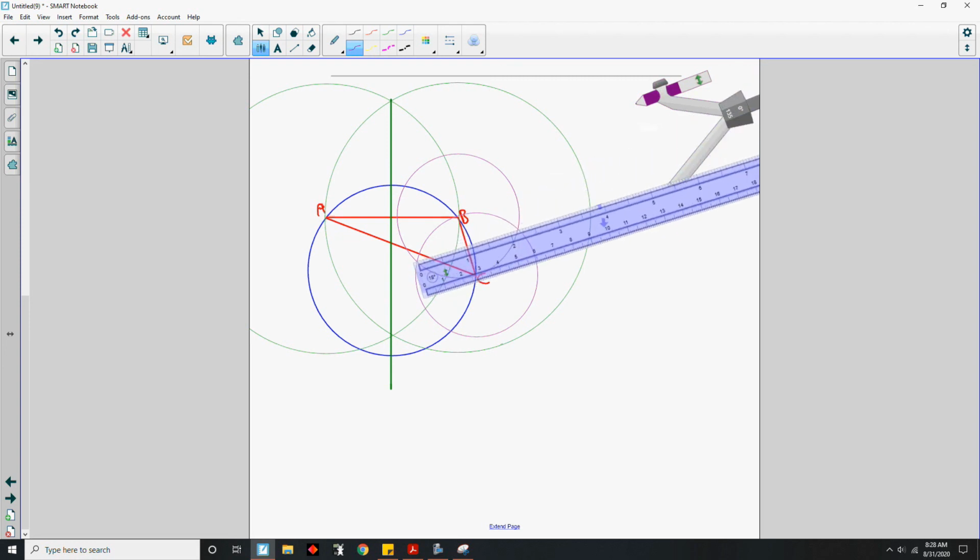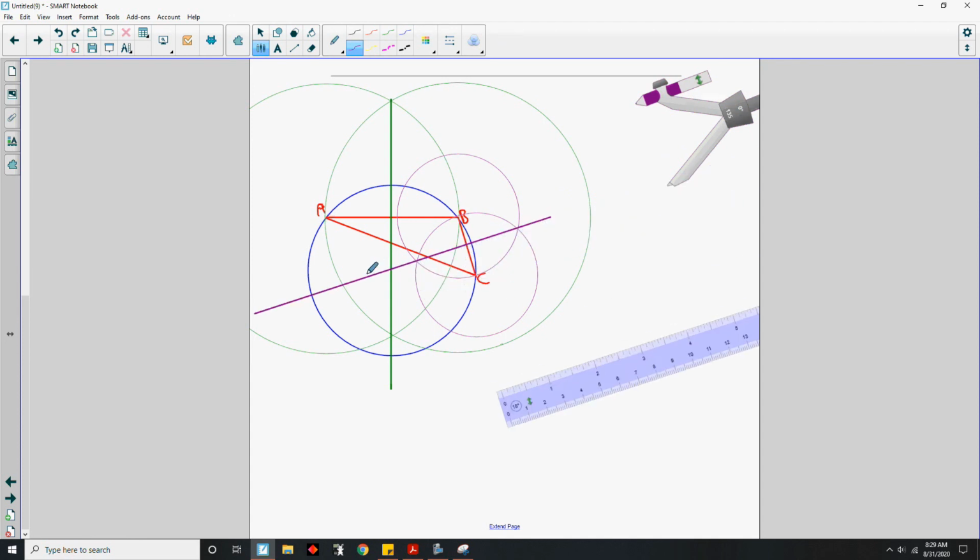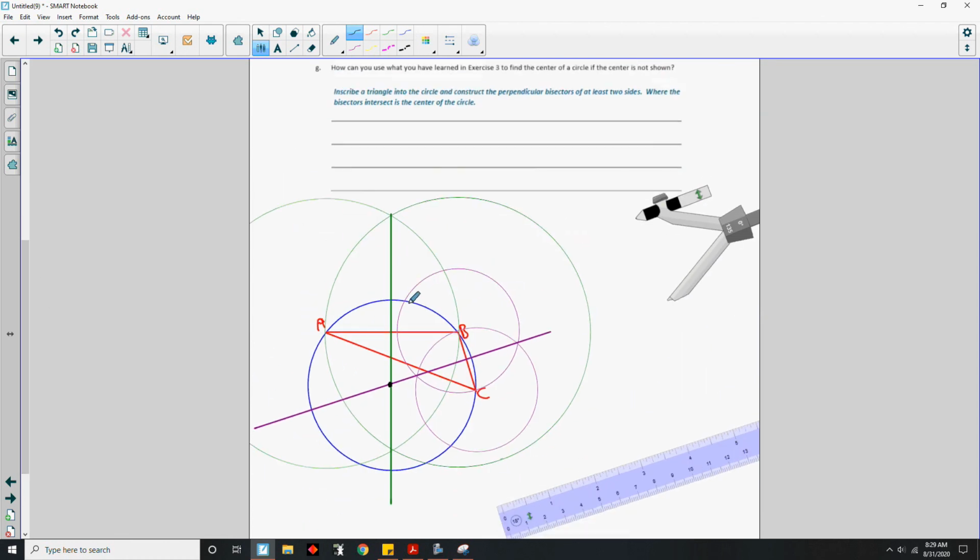Rotate it so that it goes through the other intersection point and extend it beyond. Okay, I just found the center of circle ABC right there. That's what this is saying.